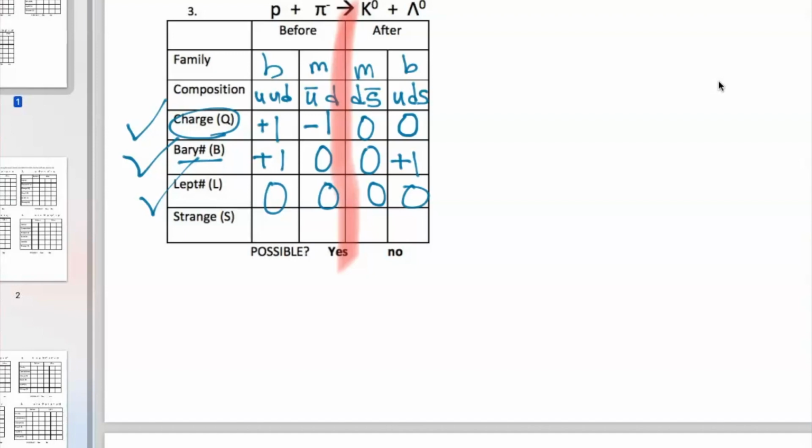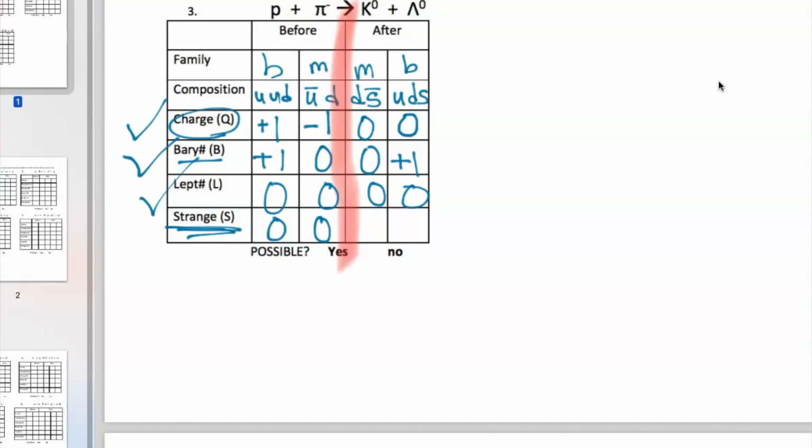Strangeness, though, we do actually have to think about this time because we have some strange quarks over here in our products. Since we have no strange quarks in the reactants, they have strangeness numbers of 0, but our products have strangeness numbers of, let's see, anti-strange.